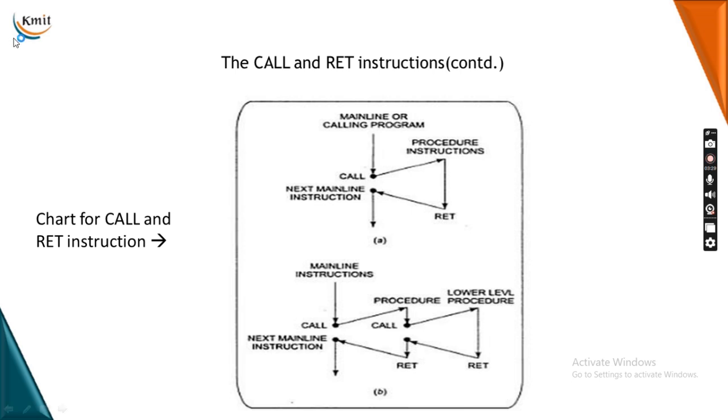So this is how the flow chart will be. You can see here the main line or calling program, where we are writing the program and in between we have a call to some procedure.